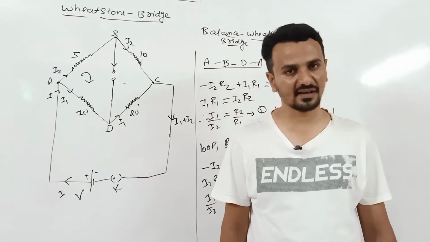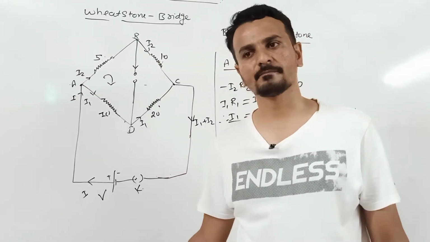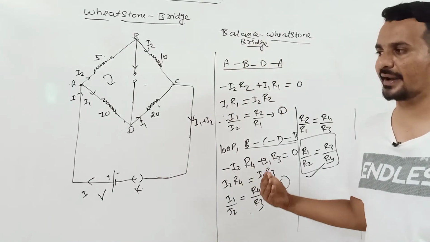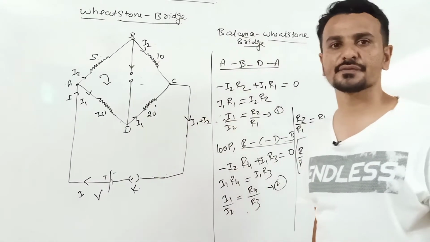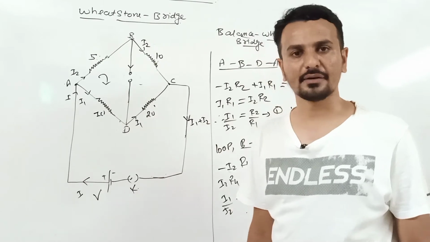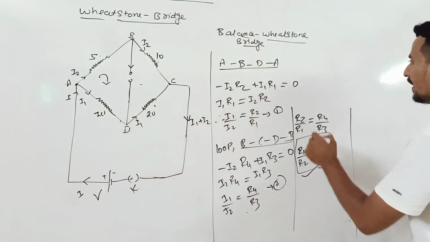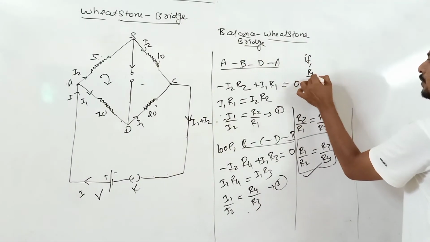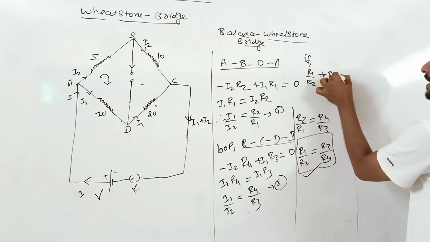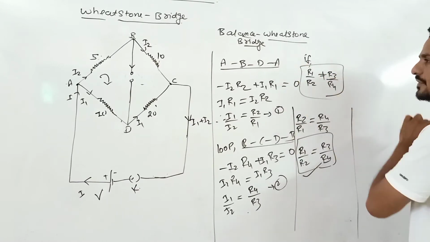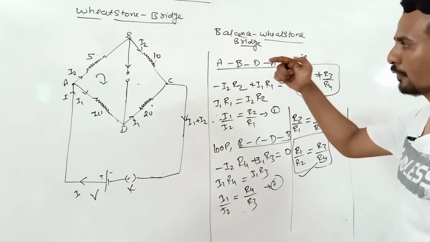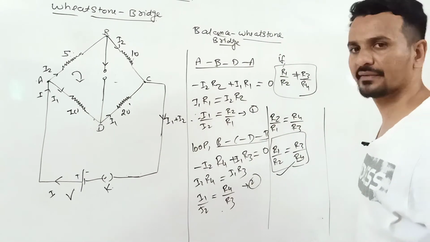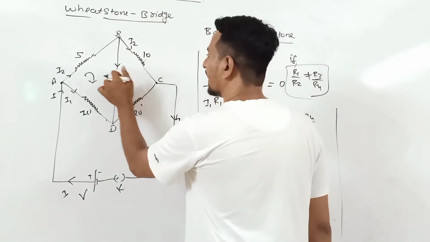We will see one more example about the balanced Wheatstone bridge, and then we will find the equivalent resistance for an unbalanced Wheatstone bridge. Right, unbalanced Wheatstone bridge means R1 by R2 is not equal to R3 by R4. If this is the condition, that means the four resistors in the bridge are not balanced, then you cannot neglect this resistance.